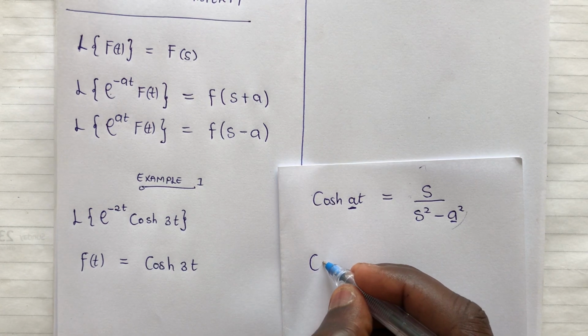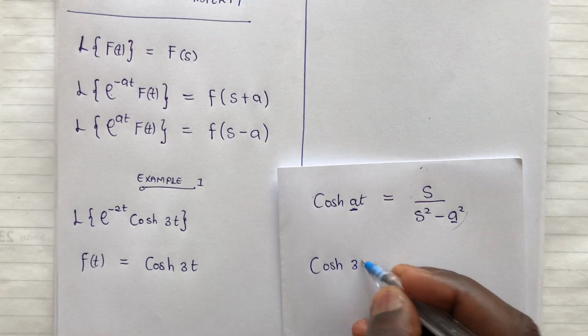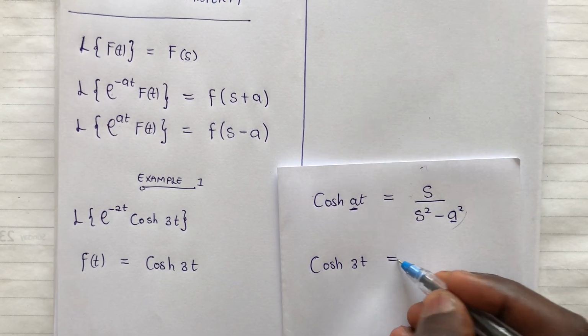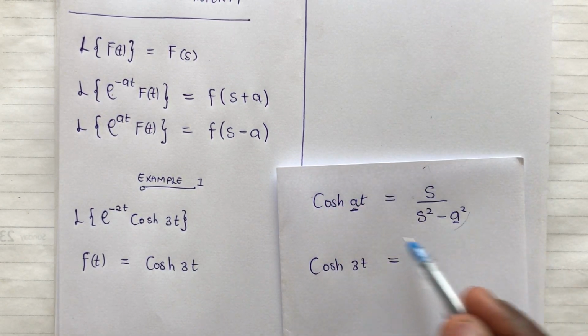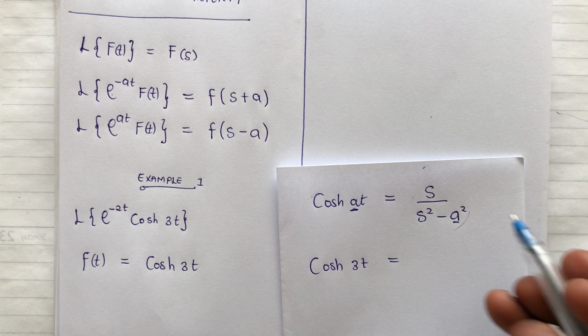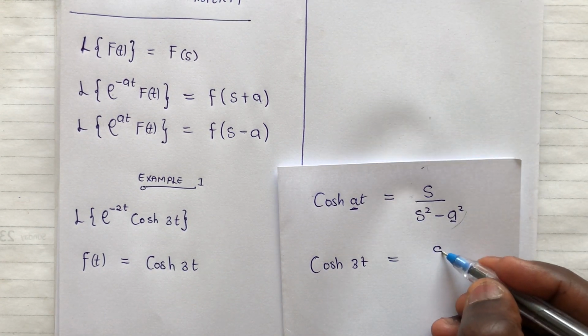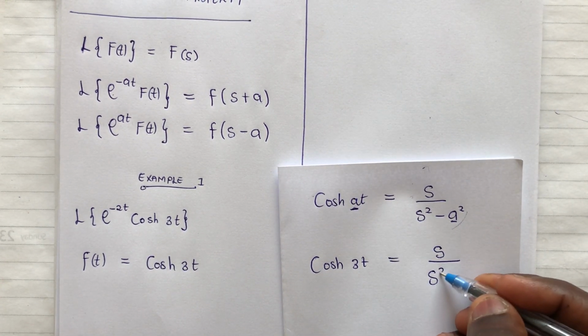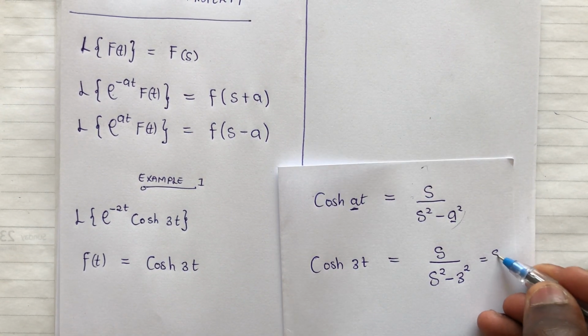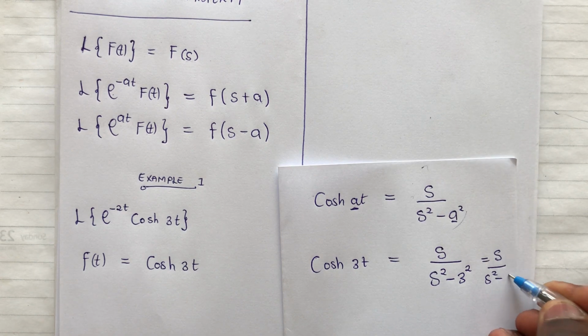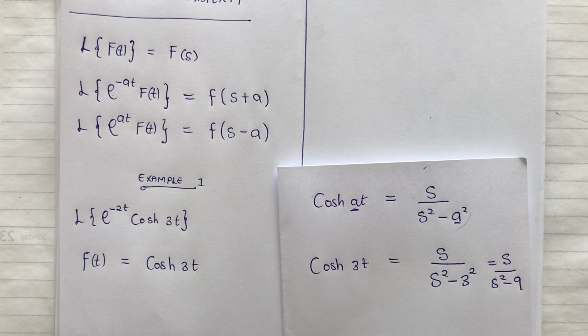So the Laplace transform of cosh 3t will be equal to what? The proof for this is in the same playlist you find yourself in right now. So this is giving us s over s squared minus 3 squared, giving us s over s squared minus 9.